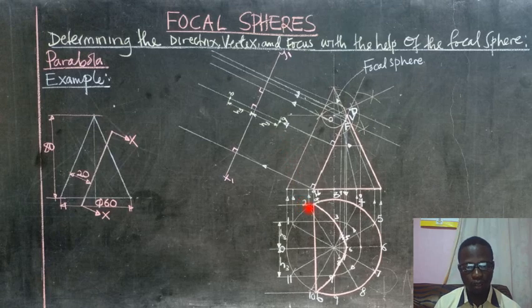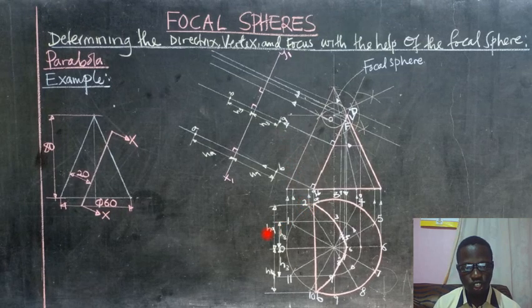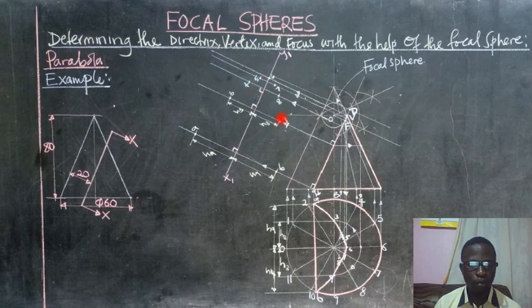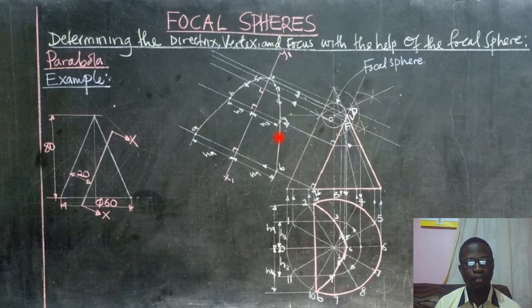I'm demonstrating with HA and HB. So you pick the height from this point to HA, you follow the line, come here, you mark it, and then you mark it there. You repeat the same with other points, and you obtain a curve like that, and that curve is a parabola.